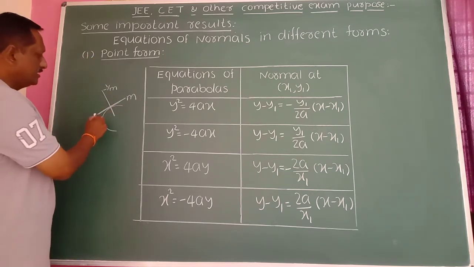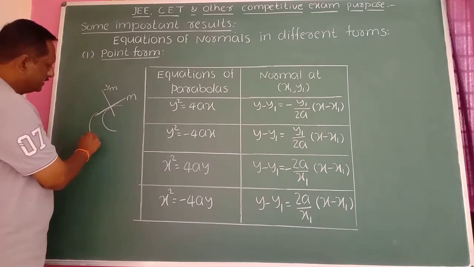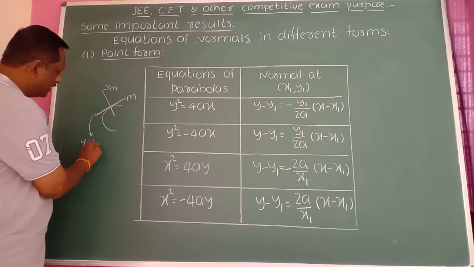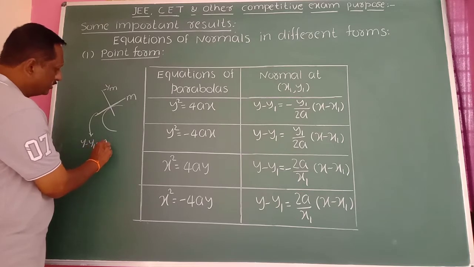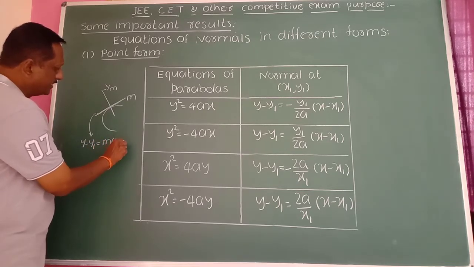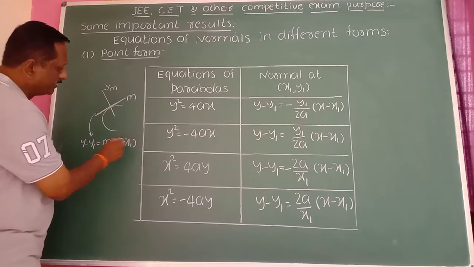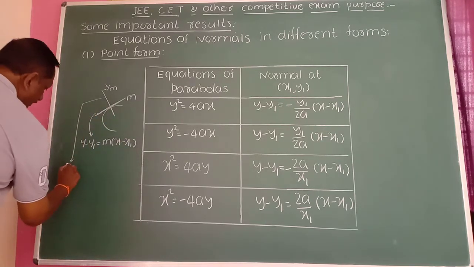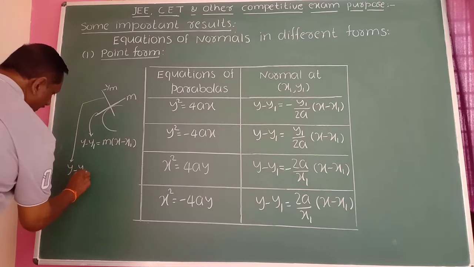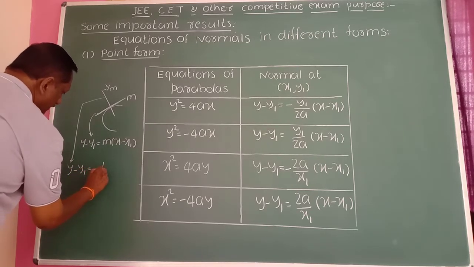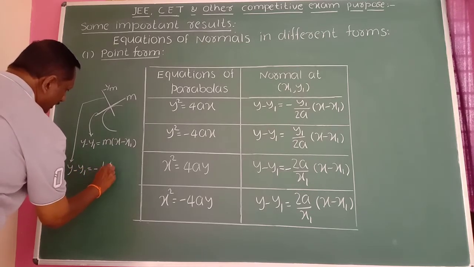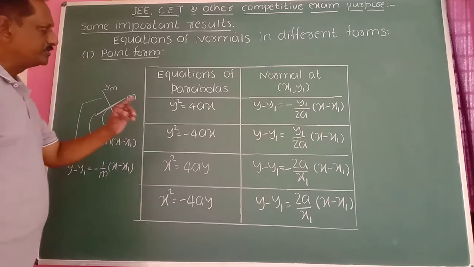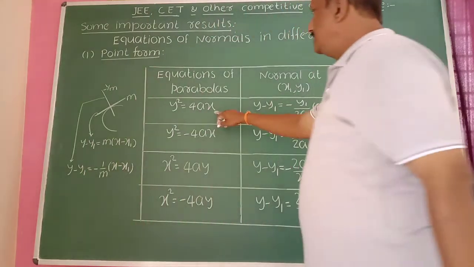The equation of a tangent to the parabola is given by the formula y minus y1 is equal to m into (x minus x1). And the equation of the normal is given by y minus y1 is equal to minus 1 upon m into (x minus x1). Just observe here, differentiate this equation.